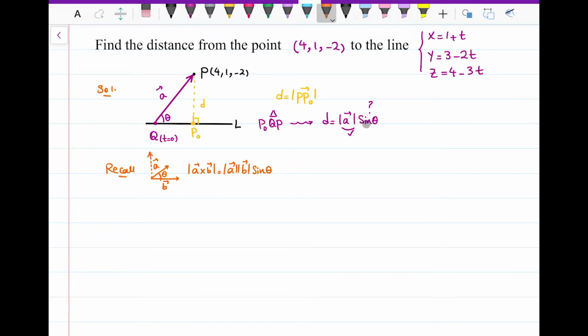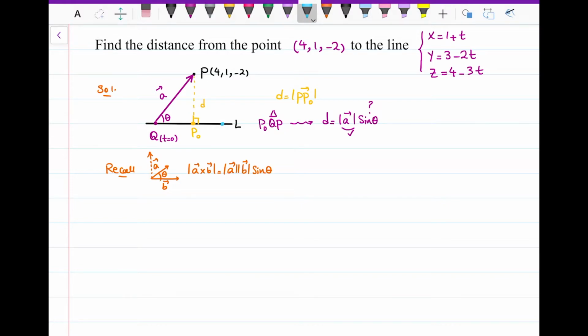Okay, so sine theta in here would be the cross product of A with another vector. I need another vector. How can I find this? Basically, if I consider the point P0, it would be a little hard to find. It's just because P0 would be exactly the intersection of the line L with the line that is perpendicular to L. So it's a little bit of work, which I don't need for finding the sine theta.